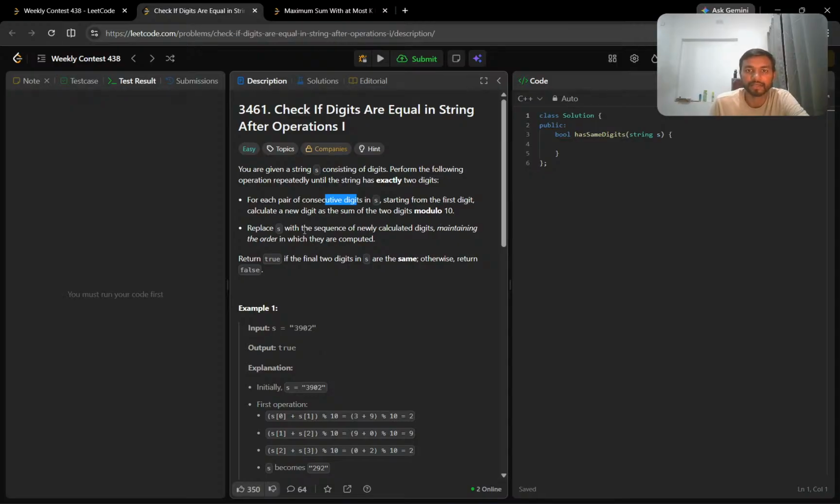Replace s with the sequence of newly calculated digits, maintaining the order in which they are computed. Return true if the final two digits in s are the same, otherwise return false.